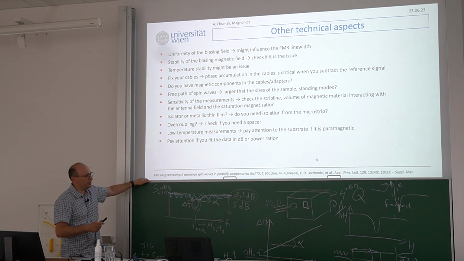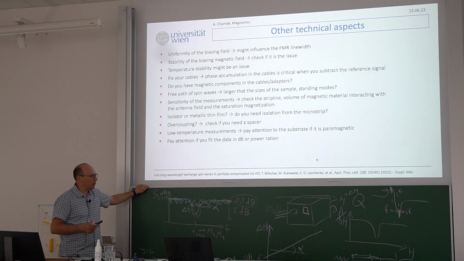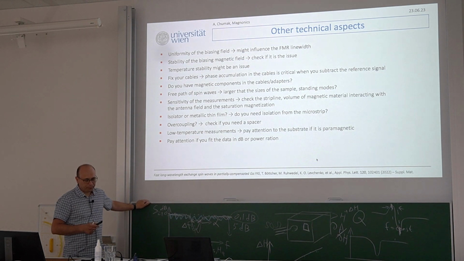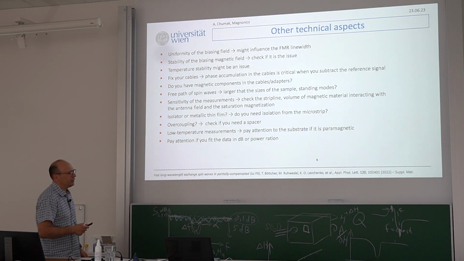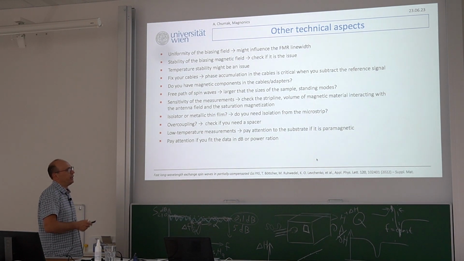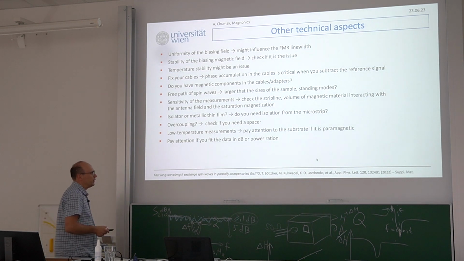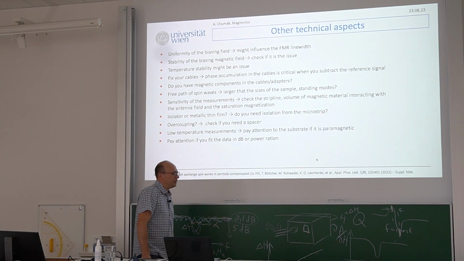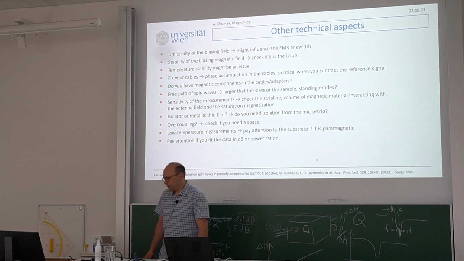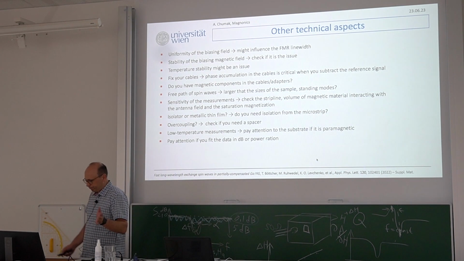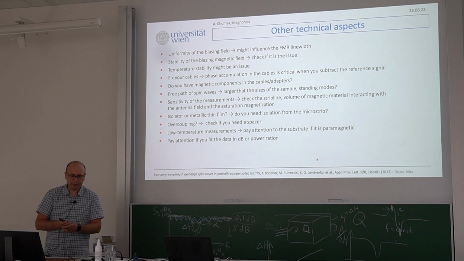Therefore, the error bar increases immediately when you work with small damping and a paramagnetic substrate at low temperature. Yeah, and this we discussed. When you fit data, always pay attention that you're working in dB or power ratios. Don't just make formal mistakes.